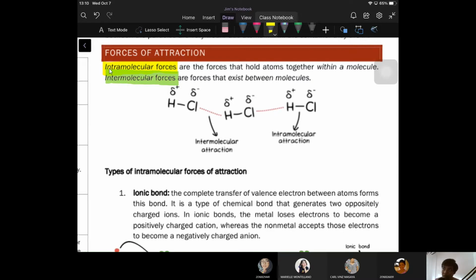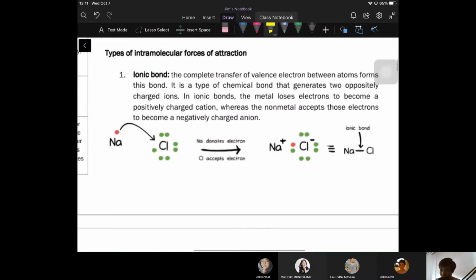So ibig sabihin nito, intramolecular, meaning lang yan ay nasa molecule, within the molecule. So ito yung mga forces of attraction that joins the atoms together within a molecule. And ano ba yung mga forces of attraction na yon that holds the atoms to make molecules?